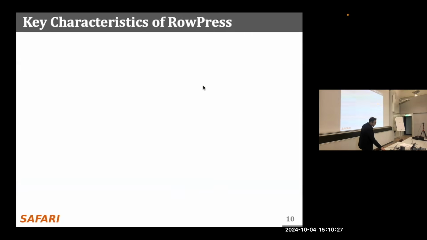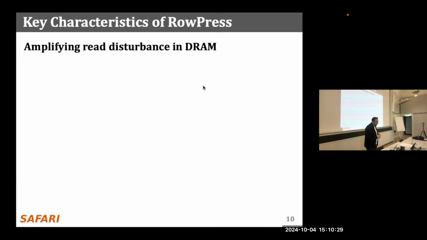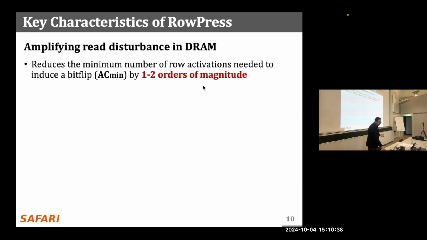So the major takeaways, I already talked about them. The key characteristics of RowPress are that it amplifies the read disturbance in DRAM in the sense that it reduces the minimum number of row activations needed to induce a bit flip, and this reduction is as large as one or two orders of magnitude.